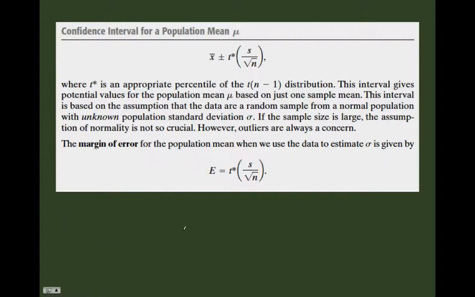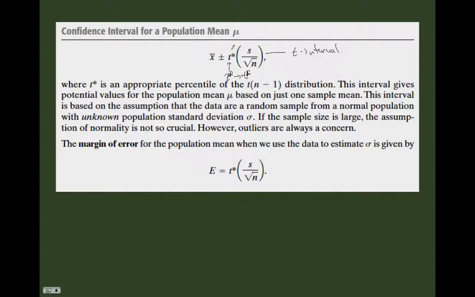Notice here what's happened is that the multiplier changed from z star in the formula I had before to t star, and what we have is the t interval. Now remember, whatever the level of confidence is, this is the percentile for the t distribution with the appropriate degrees of freedom.